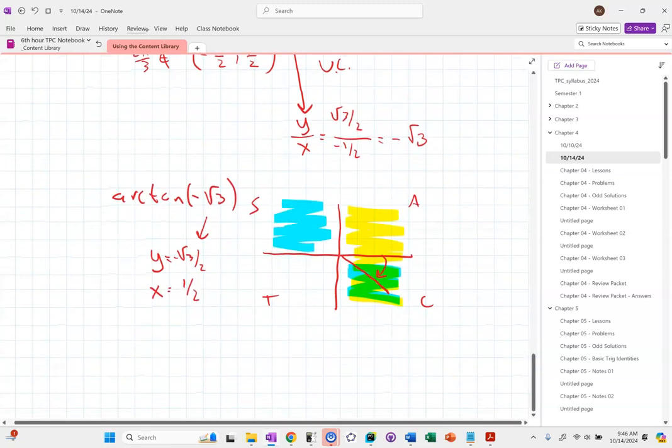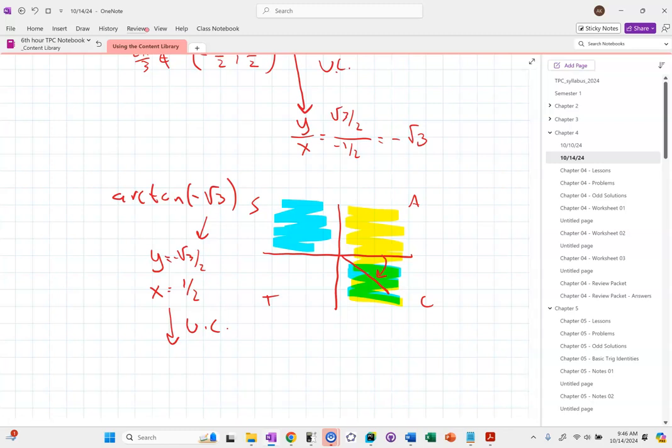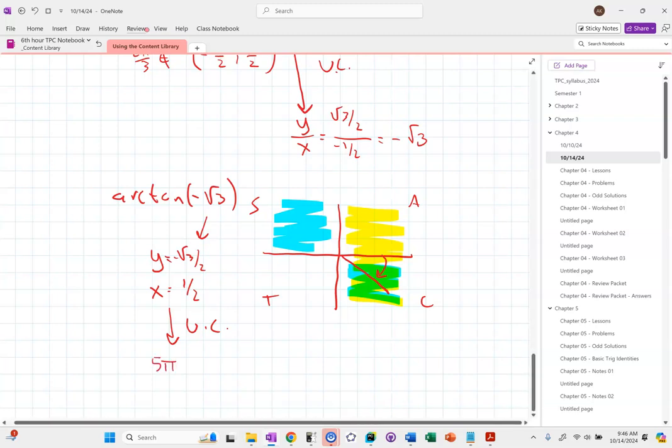So if I look at my unit circle for the place where the x is positive 1/2 and the y is negative root 3 over 2, I get 5 pi over 3. But that's not in our interval. So what do we have to do?